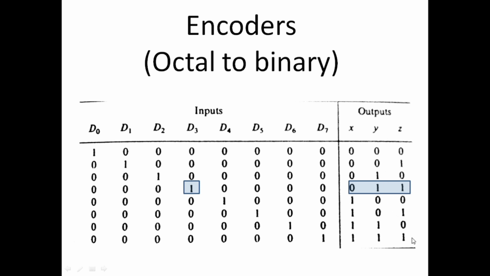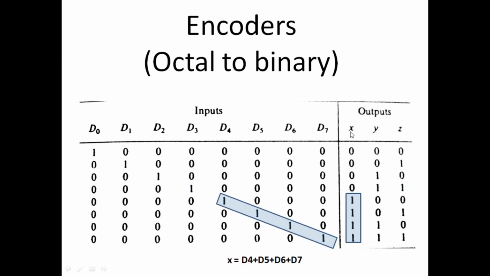To derive the equations, we have three output variables x, y, and z. So let's consider the Boolean equation of the Boolean variable x. Just write the variables in the input where this x variable gives 1. So the last four rows of x give 1.